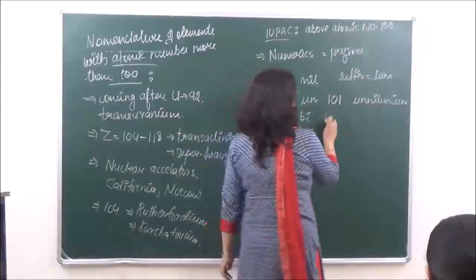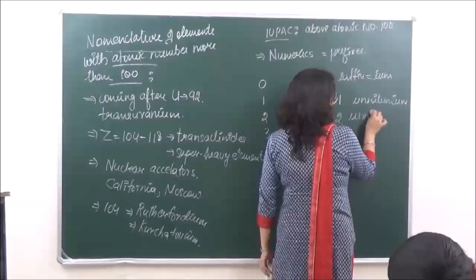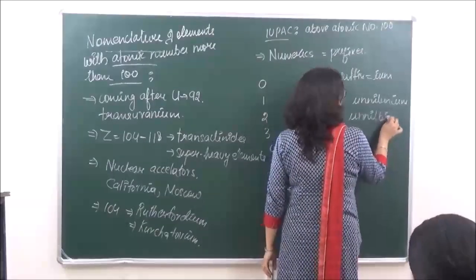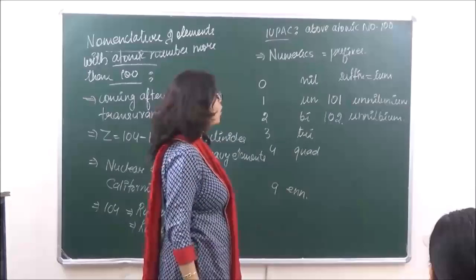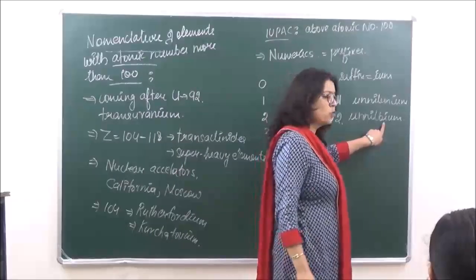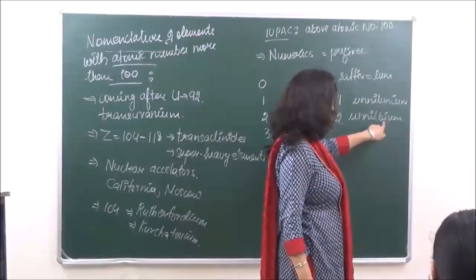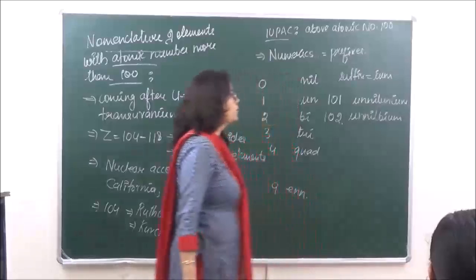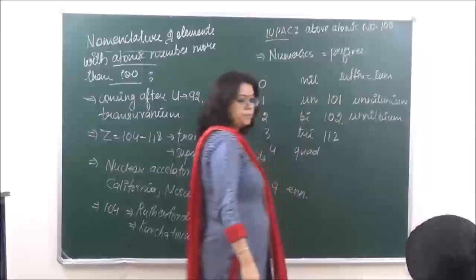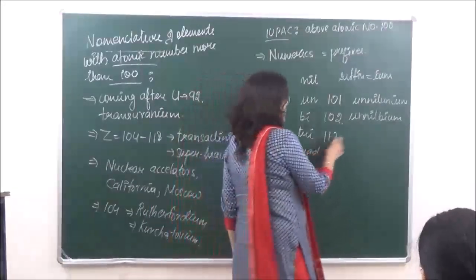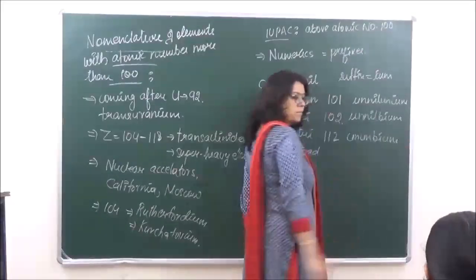Clear? Then if it is 102, it will be un, nil, bi, ium. Over here a double i was supposed to come, by i and ium, so we have shortened it to bium. Then if we have 112, it will be unbium.